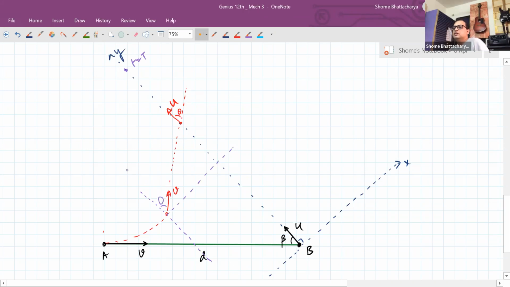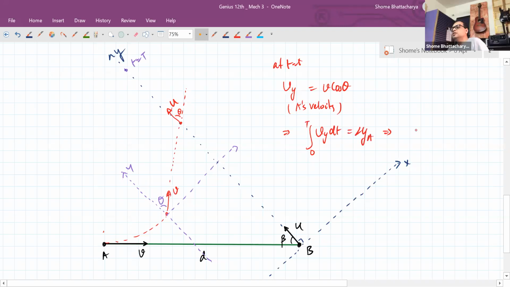So this angle theta gives us the y component of A's velocity, instantaneous at time t, which is nothing but v cos theta. Therefore, the integration of vy with respect to dt is the y component of A's displacement. So the integral of v cos theta dt from 0 to T is delta y for A.